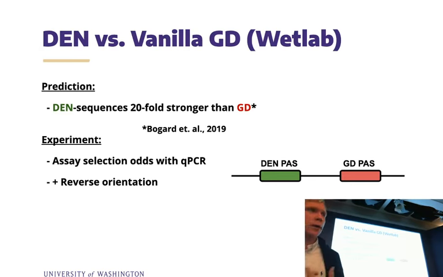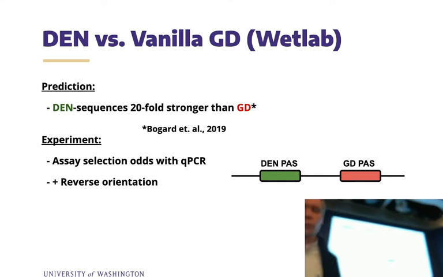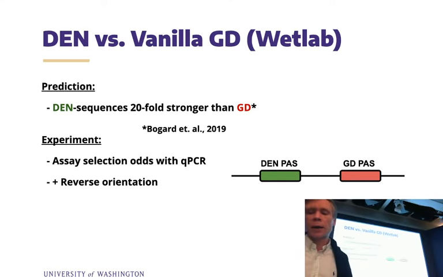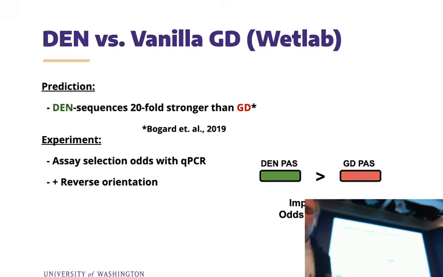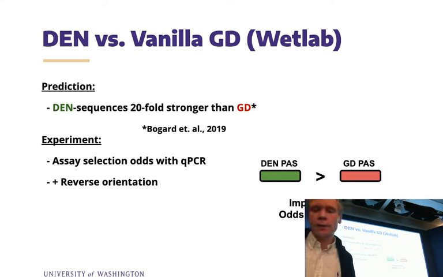And so they are essentially going to compete for getting polyadenylated, and then we assayed the selection odds using qPCR, and we also did it with the reverse orientation to discount for first come, first served bias. And long story short, the odds ratio of improvement that we observed was 11.6. So our newly generated, deeply generated poly-A signals were on average 11.6-fold more preferred than our gradient descent generated old poly-A signals.